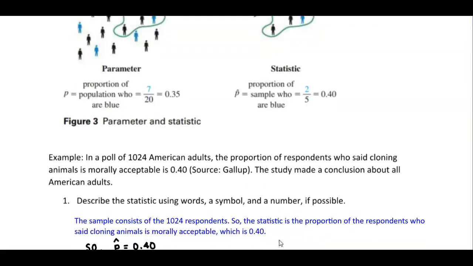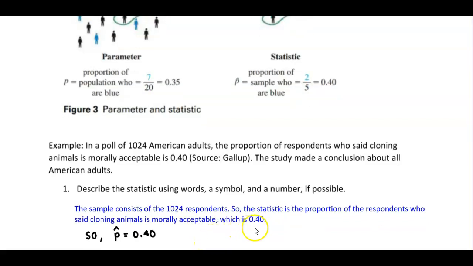Now, the sample consists of 1,024 respondents, so the statistic is the proportion of the respondents who said cloning animals is morally acceptable, which is 0.40. So, since we're dealing with a sample, we can say that p hat is going to equal 0.40.